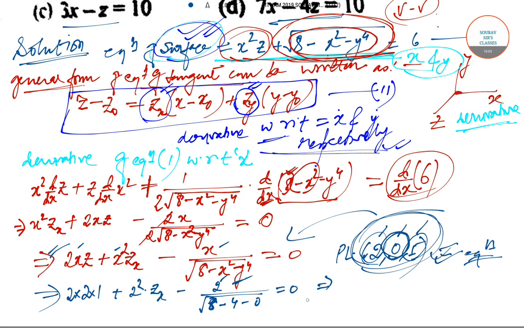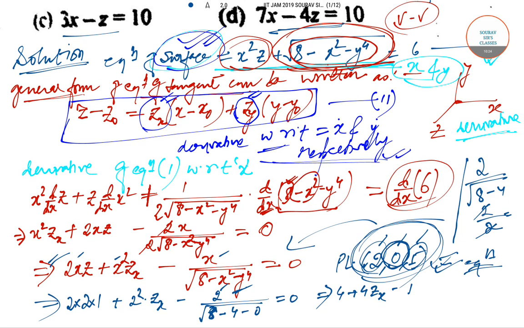On solving we get 2 into 2 is 4 plus 4 zx minus 1. Why 1? Because 2 by root under 8 minus 4 is nothing but 2 by root 4, and root 4 is 2, so 2 by 2 cancel and it is 1. So this is our first equation, and from this we can find the value of zx.